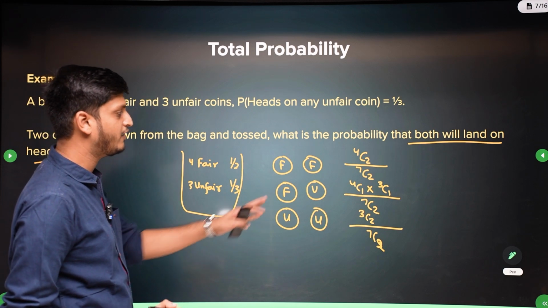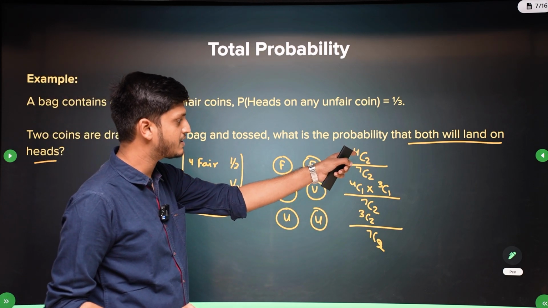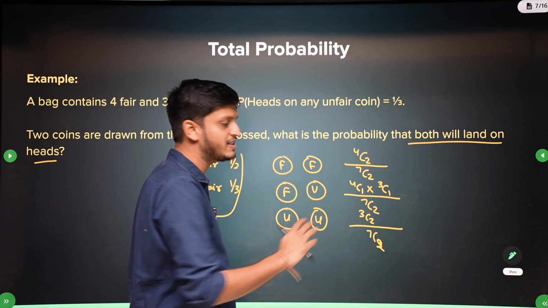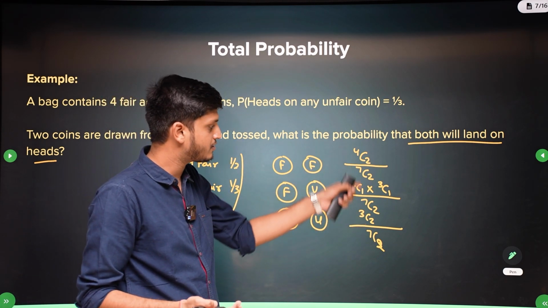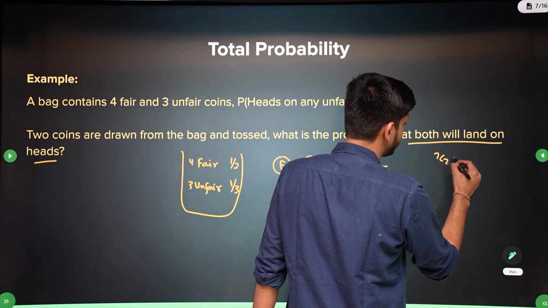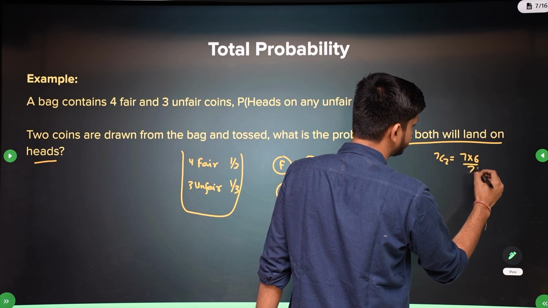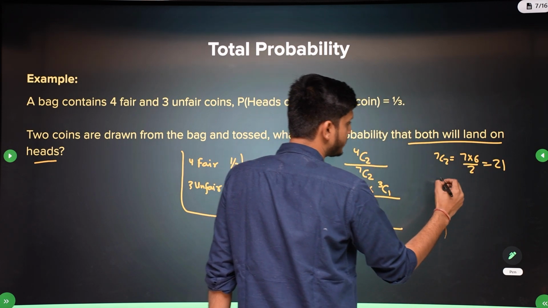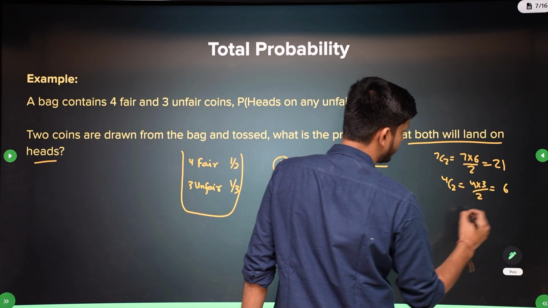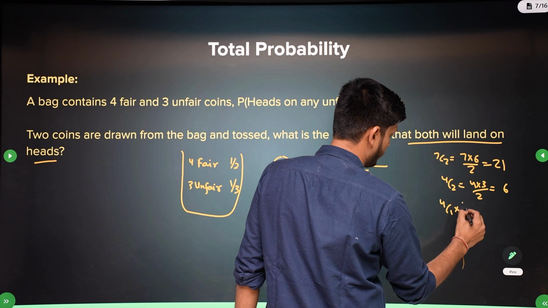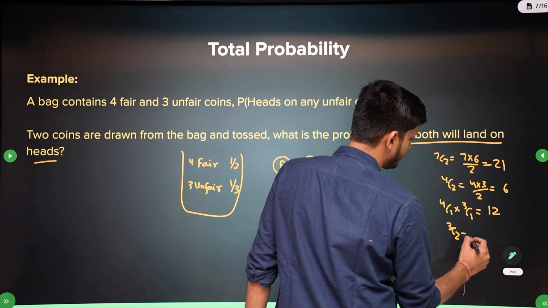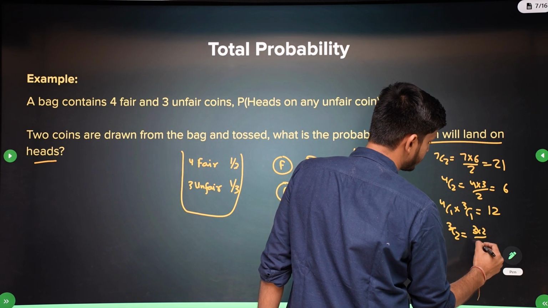If you want to verify that these numbers are correct, you can sum the numerators. The sum of the numerators should come out to be the denominator, because only one of these 3 cases can happen, so the sum of these 3 probabilities should be 1. 7C2 is 7 into 6 over 2, which is 21. 4C2 is 4 into 3 over 2, which is 6. 4C1 into 3C1 is 4 into 3, which is 12. 3C2 is 3 into 2 over 2, which is 3.